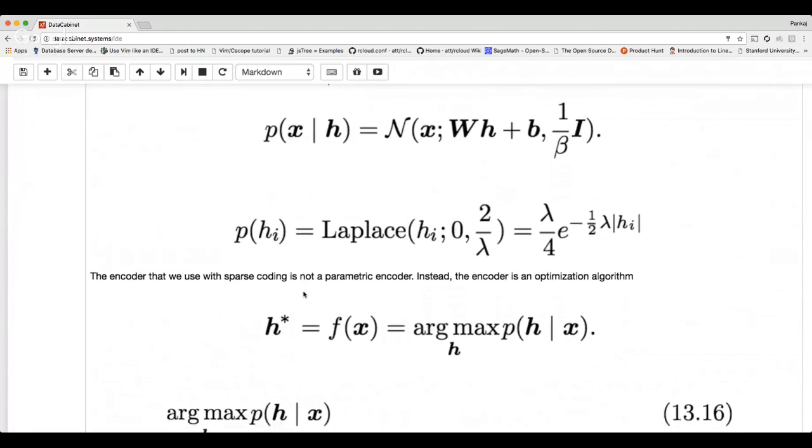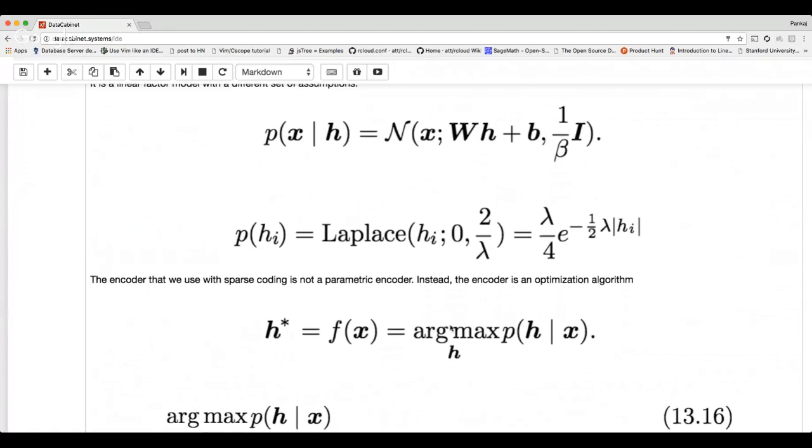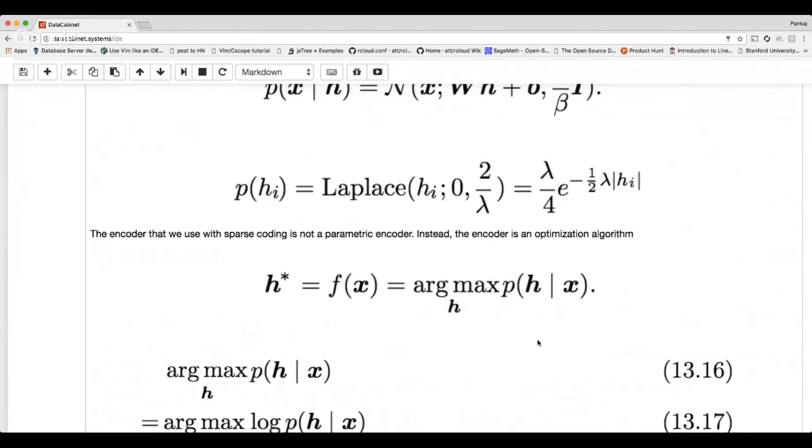In this one, given x, you're trying to find the h that gives the maximum probability of p(h given x). So you're trying to find h for every x.